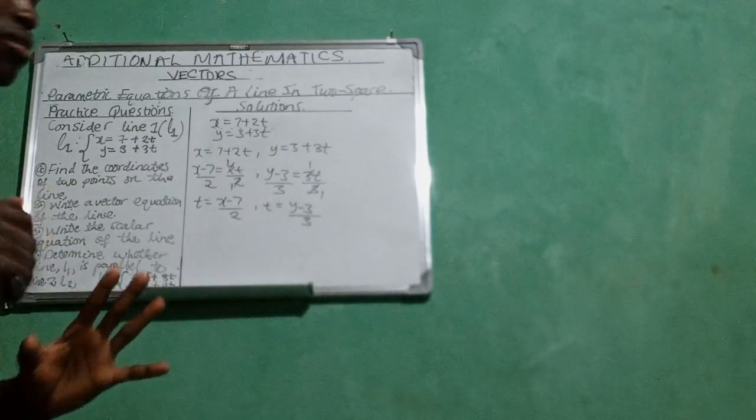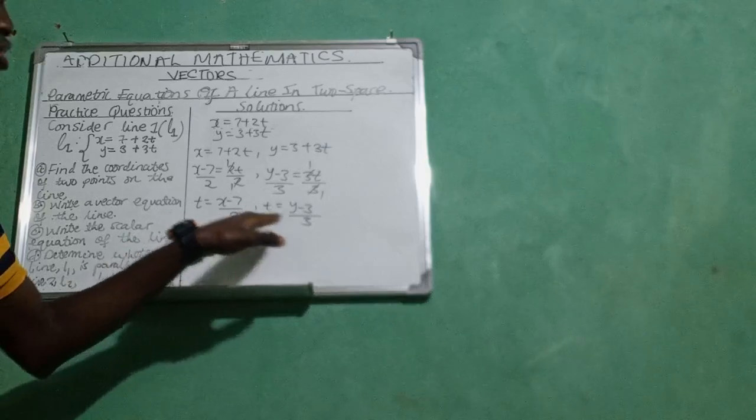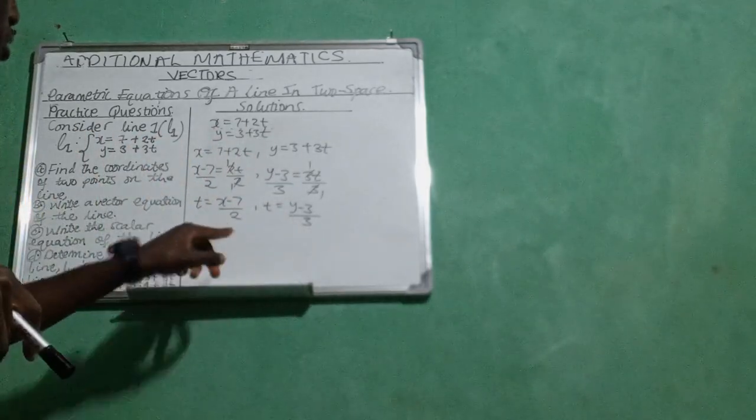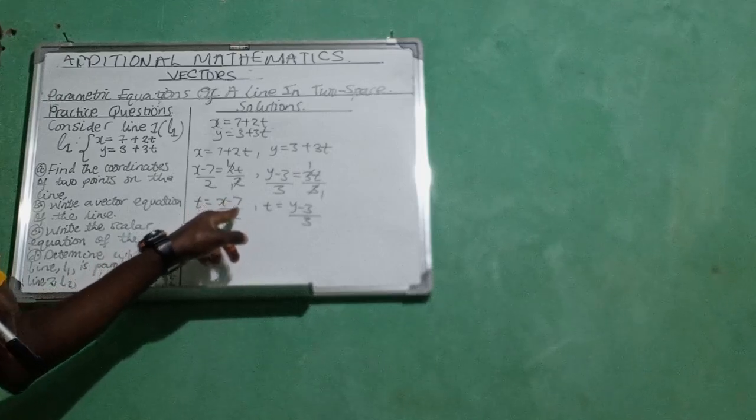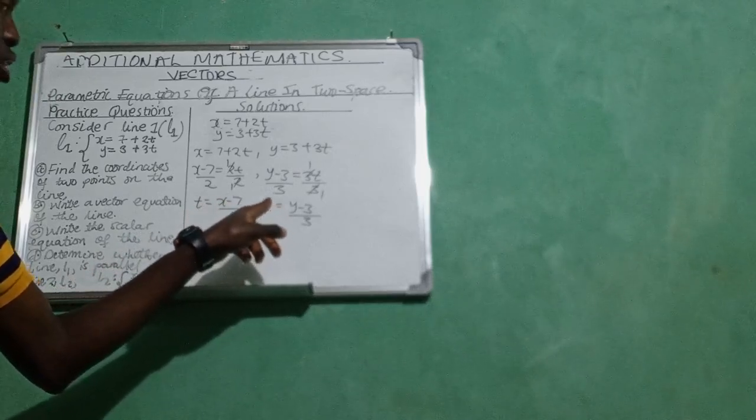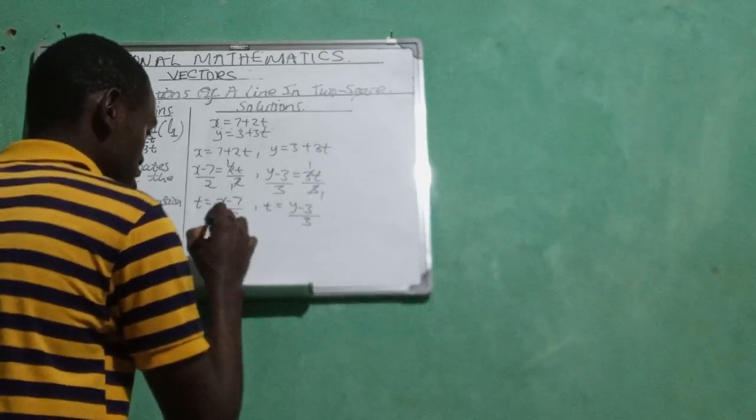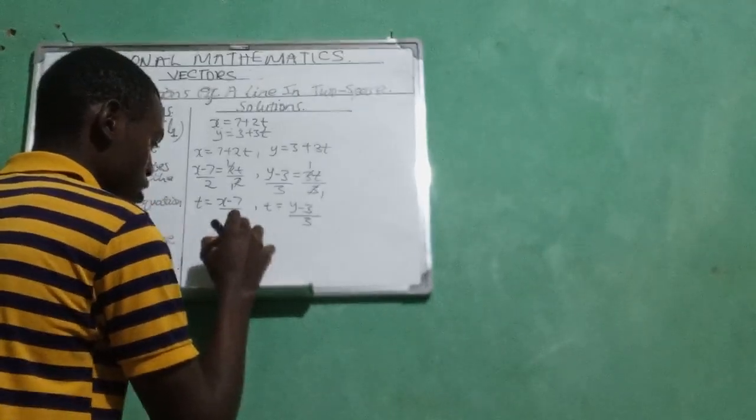The reason being is that when you find t to be equal to something here and t to be equal to another thing here, we can equate the two things that we have found. So we can equate x minus 7 over 2 is equal to y minus 3 over 3.